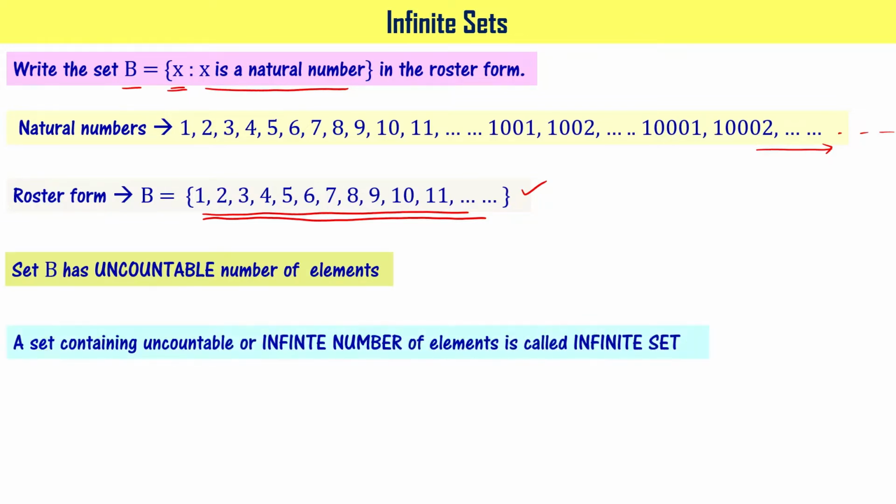When a set contains an uncountable or infinite number of elements, that particular set is called an infinite set. You understood the difference between finite and infinite set? A finite set has a countable or finite number of elements, whereas an infinite set has an uncountable or infinite number of elements. Understood? That's why we can say that set B in this particular example is an infinite set. Understood?